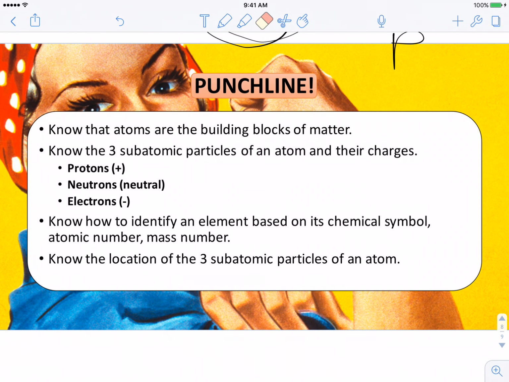Your punchline is what you need to know from the notes. So this is in English because we do have to work on your English, okay? But all of this stuff you have seen in Spanish, so hopefully we shouldn't have any complications here.